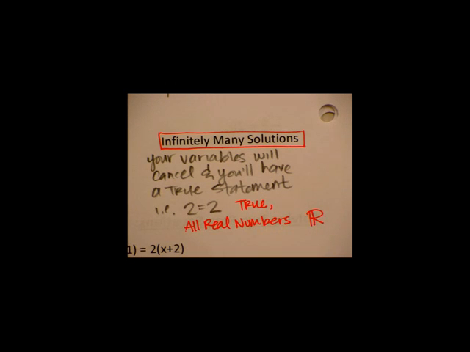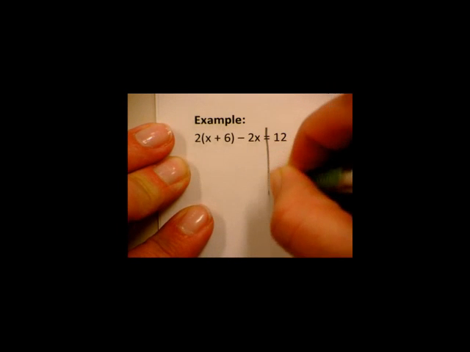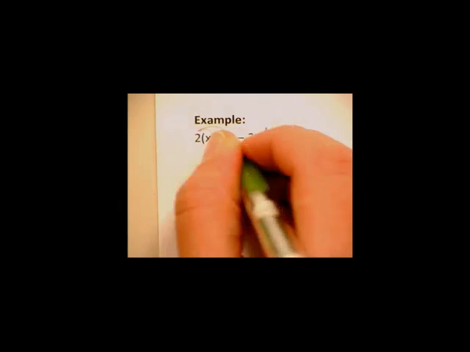So I'm going to do an example. Let's go to this one here. I start by drawing a line down the equal sign. I look at the left-hand side and I notice there's a bunch of stuff I can do to simplify that. I distribute the 2.